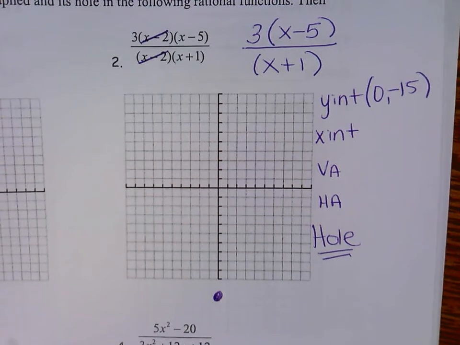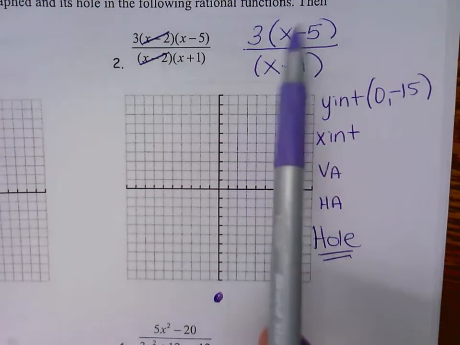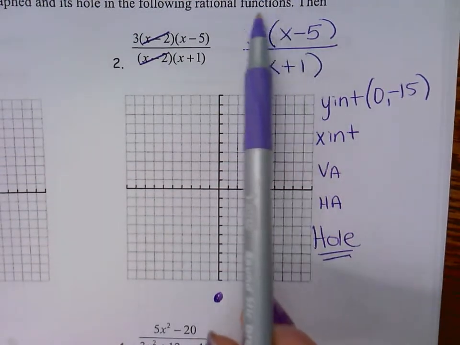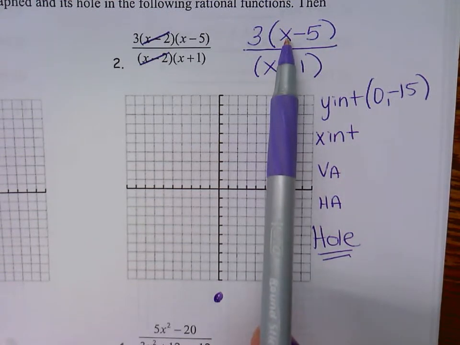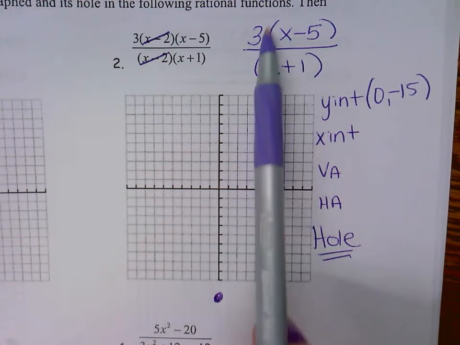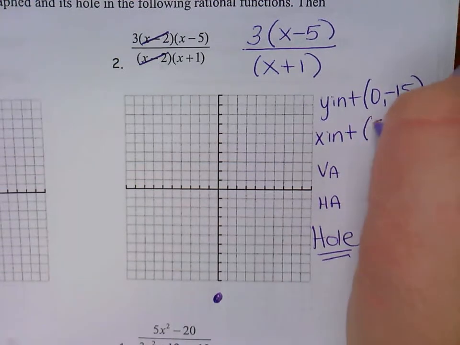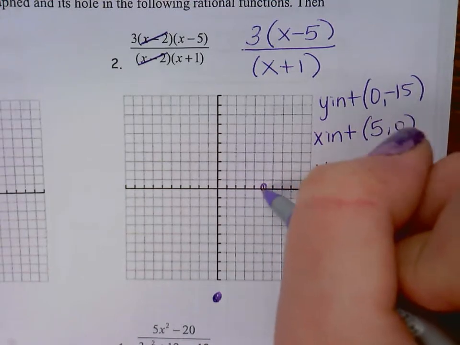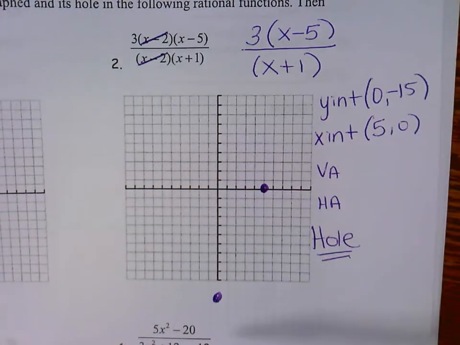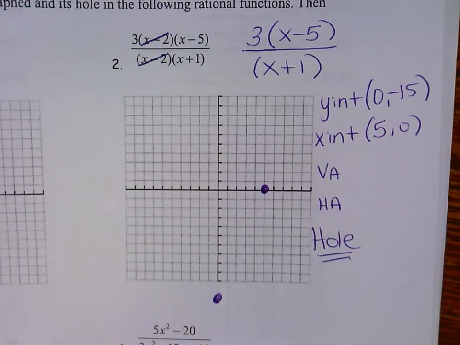All right, my x-intercept. So I look only in the numerator. What would make that factor equal 0? When x is positive 5, right? Because 5 minus 5 would give me 0. So my x-intercept is at 1, 2, 3, 4, 5 on the x-axis, so that I can kind of see that elbow taking place.